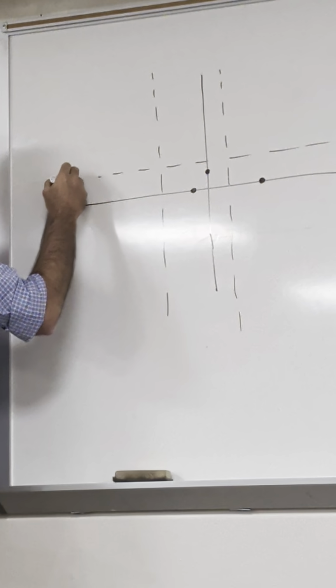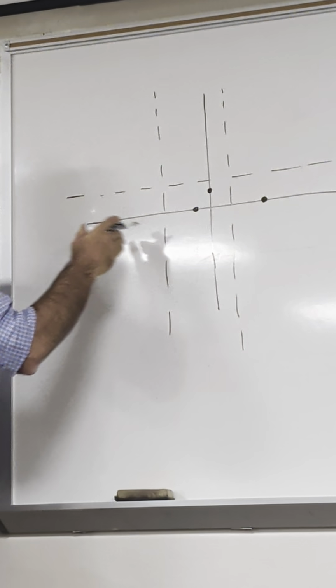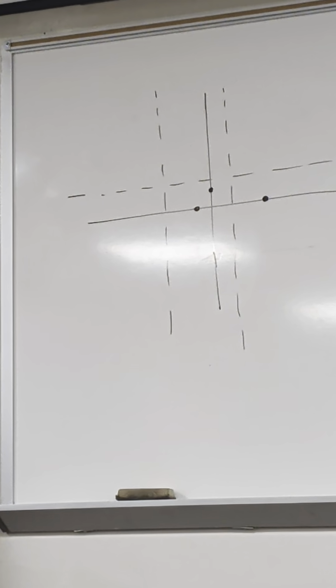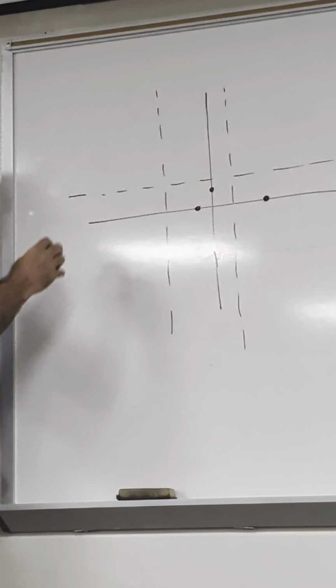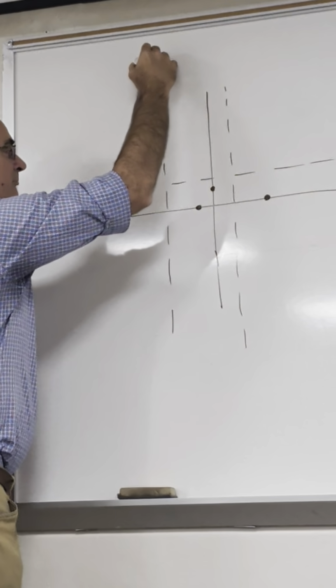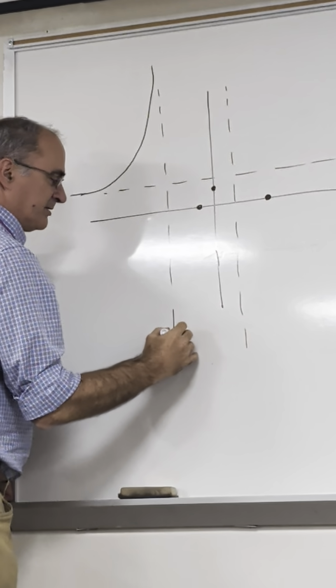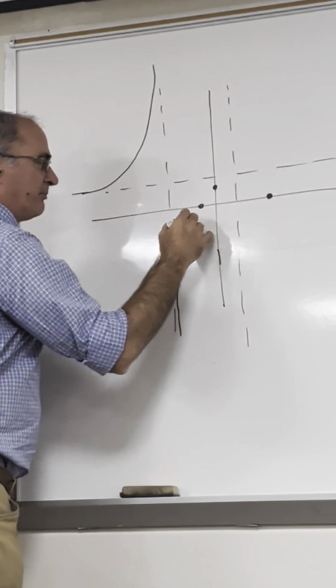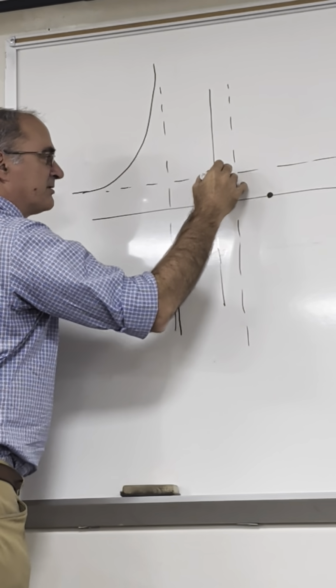The first thing I see is a vertical asymptote. I'm currently above the axis, so it's got to go high. Above the axis, go high. Below the axis, go low. It's got to come from the opposite side. Next, I see a point, pass through, another point, pass through.